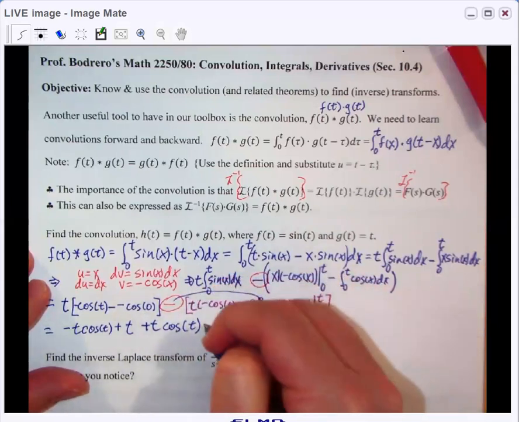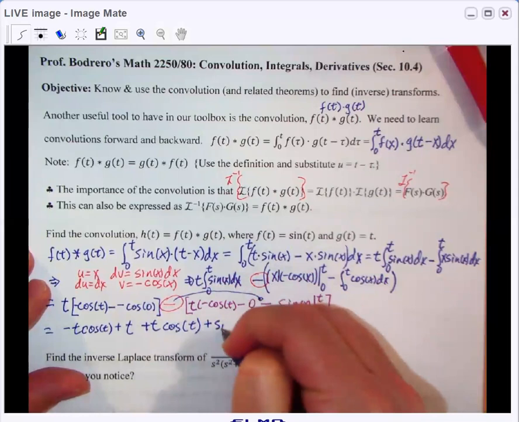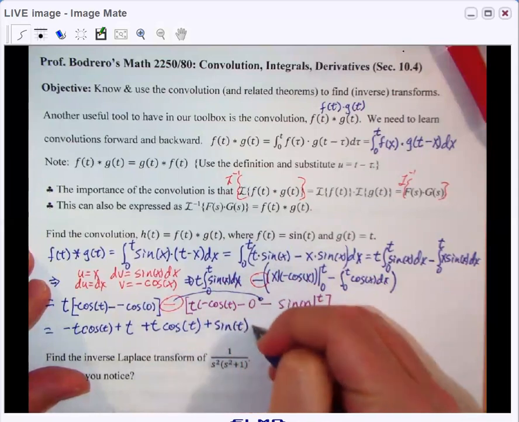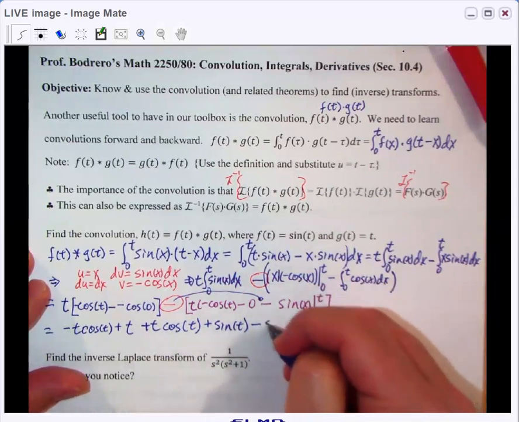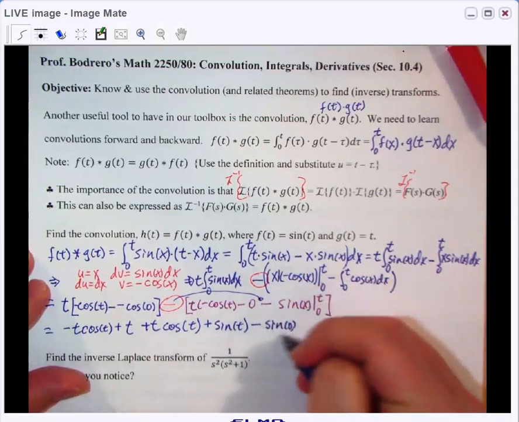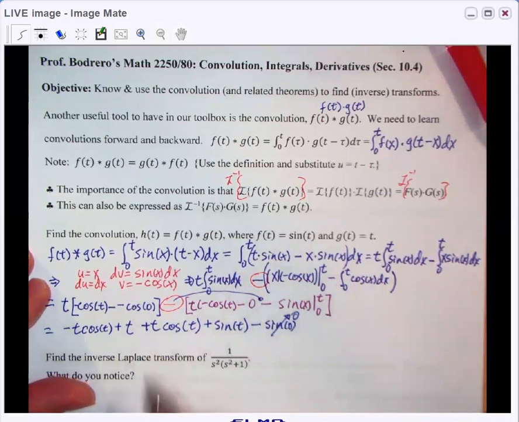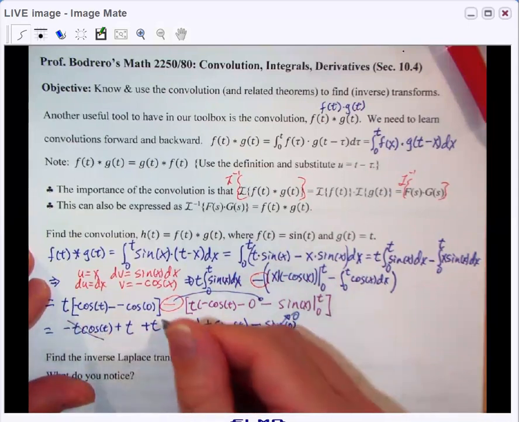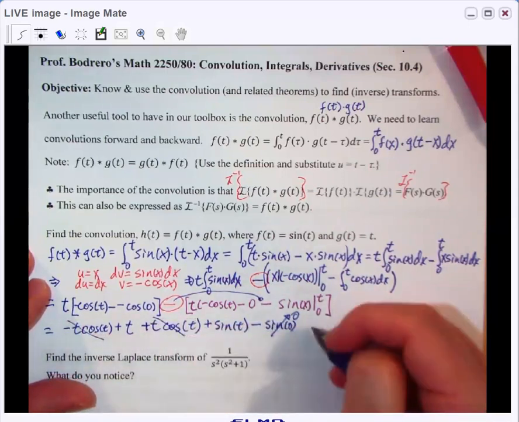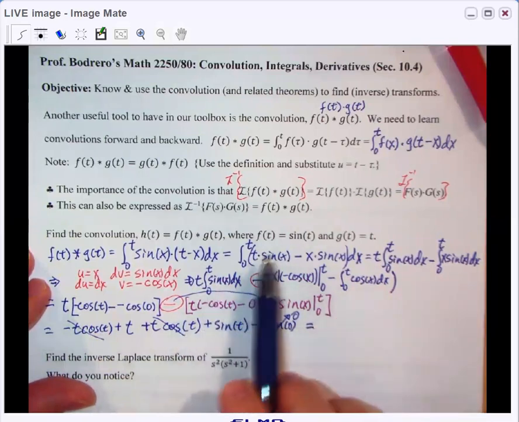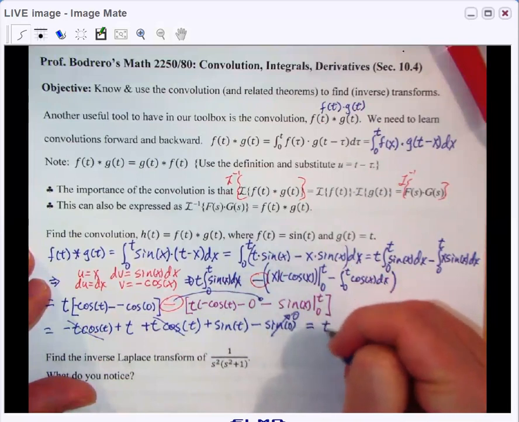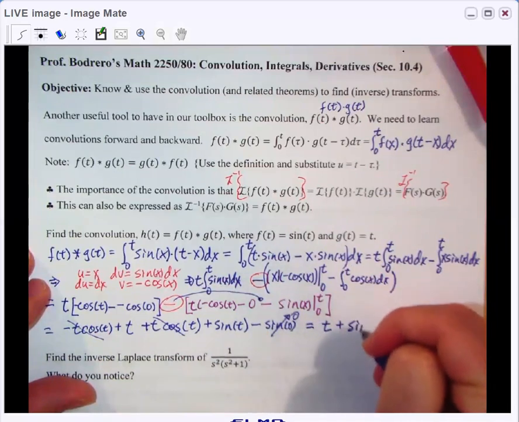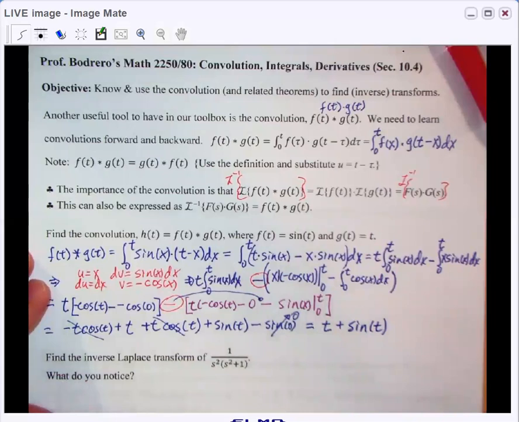So we'll get plus sine of t minus sine of 0, but sine of 0 is 0. And minus t cosine of t plus t cosine of t makes 0. So the convolution of sine of t and t works out to be t plus sine of t.